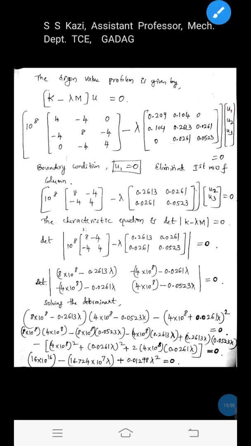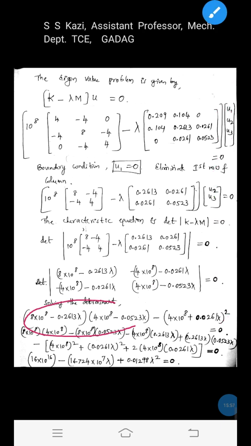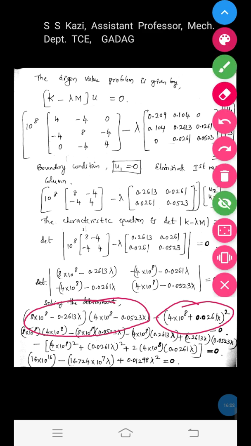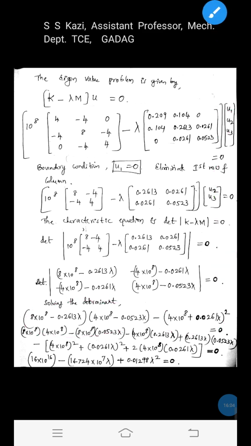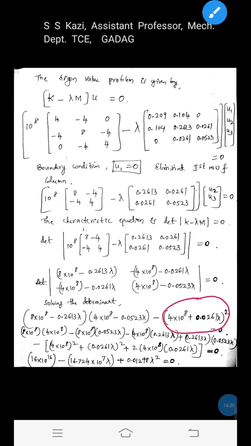Now this term minus this term is equal to 0. After that, the product of these two minus this square, if you simplify, this multiplied by this, minus this multiplied by this. If you solve, and after that, minus of a plus b whole square, a square plus b square plus 2ab, in this form you write.